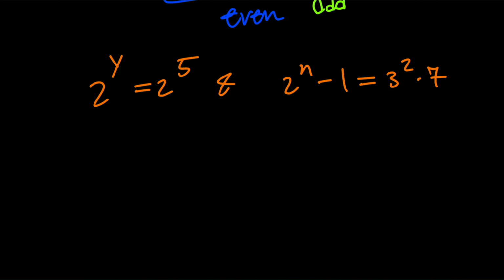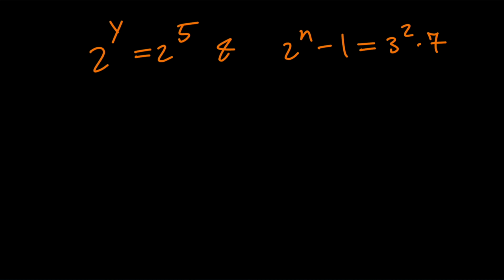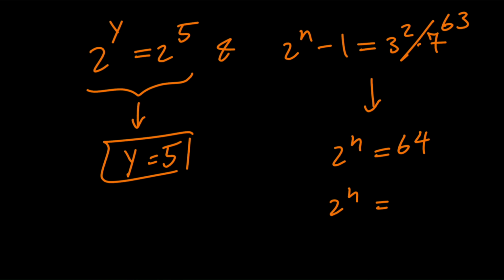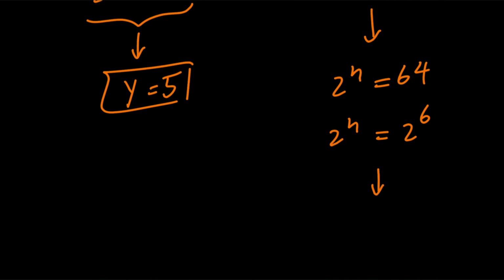So let's use these two equations to solve for y and n. Obviously, from the first one, I'm going to get y equals 5. And the right-hand side of the second equation is 63. Therefore, 2 to the power of n equals 64. And 64 is 2 to the power of 6. So 2 to the power of n equals 2 to the power of 6, which means that n equals 6.